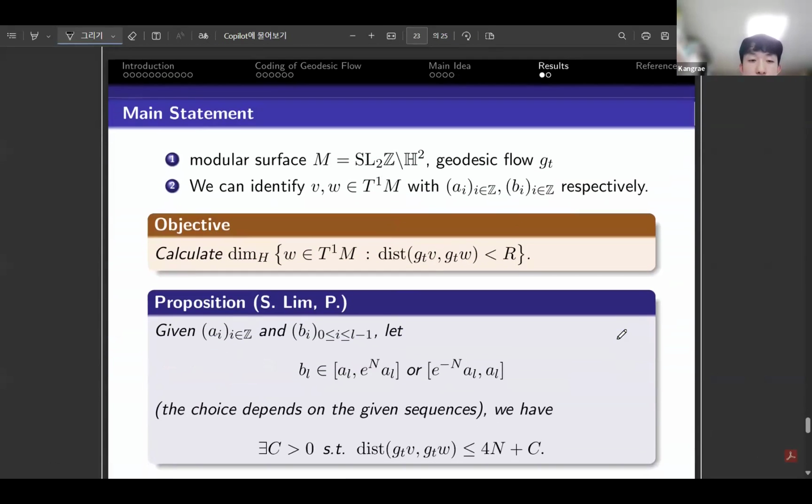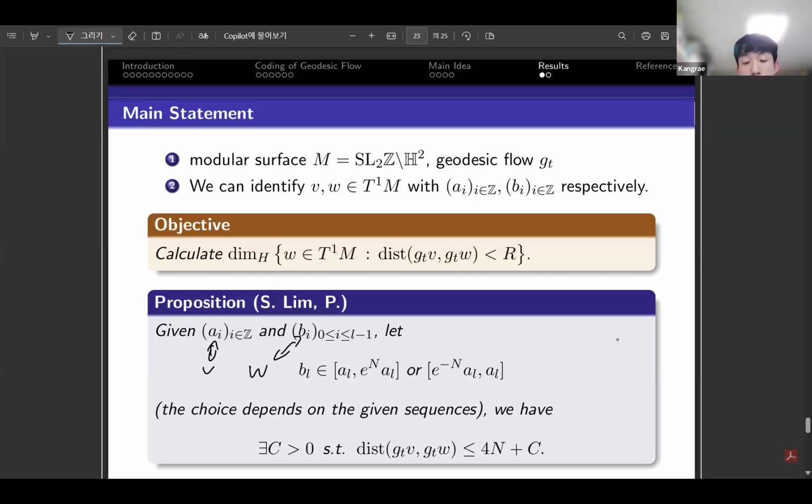So here is our main statement. Given AI and BI, where AI corresponds to the given vector V, and BI corresponds to the vector W. For AI, every AI is given, while for BI, only I between 0 and L minus 1 is given.